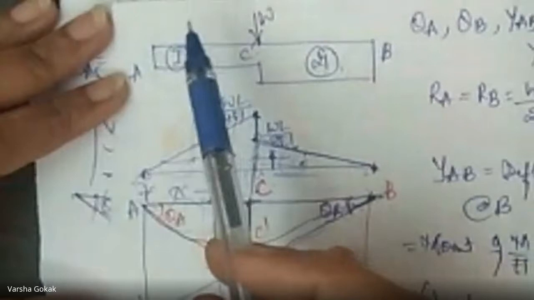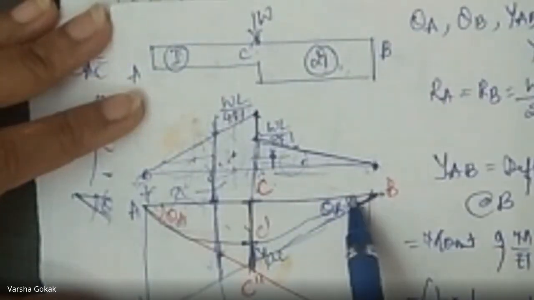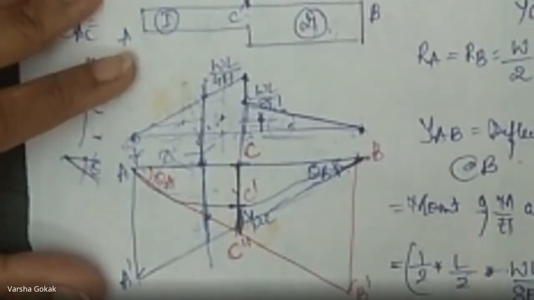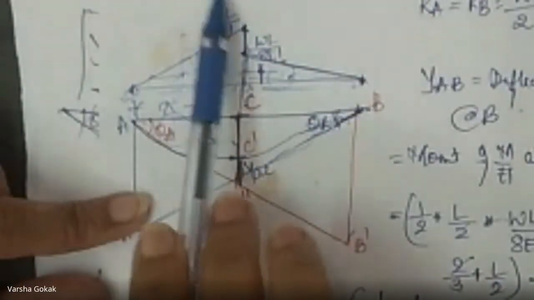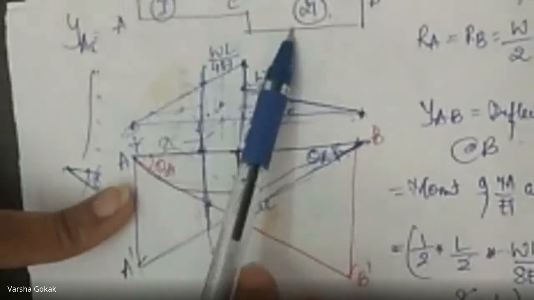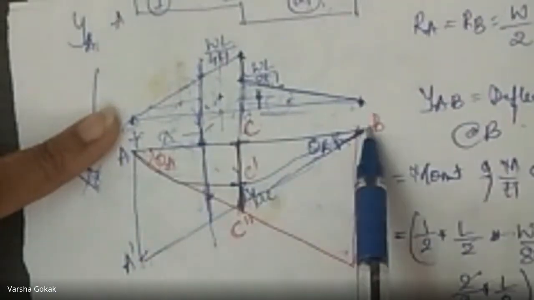And we found the slope and deflection at the other ends, right? So in this method, if it was not of different moments of inertia, theta A and theta B would be the same. But because the MI is changing, here your theta A and theta B will be different, and we drew this triangle based on the elastic curve.